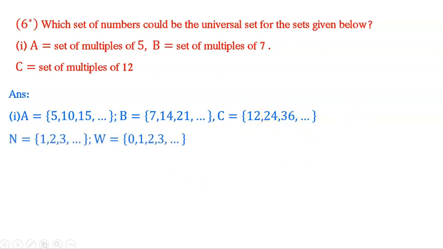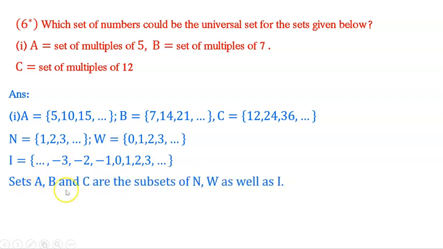Okay. Now see this here. N is equal to the set of natural numbers 1, 2, 3 up to infinity. W is equal to the set of whole numbers. किती येतं 0, 1, 2, 3 up to infinity. Next, I is equal to the set of integers 0, 1, 2, 3 up to infinity, minus 1, minus 2, minus 3 up to minus infinity. Sets A, B and C are the subsets of हे तिन्ही सेट्स कोणाचे सबसेट्स आहेत तर set of natural numbers, whole numbers as well as set of integers.